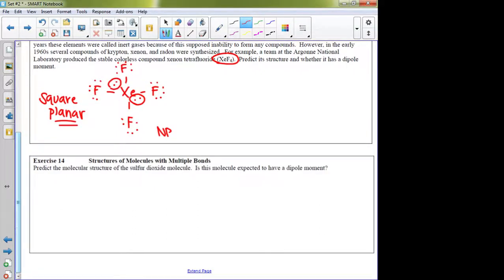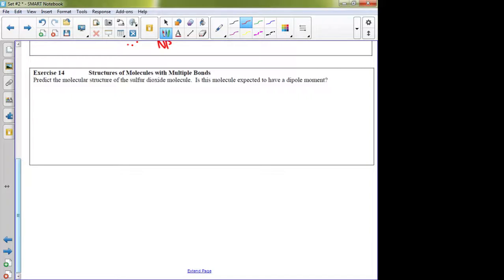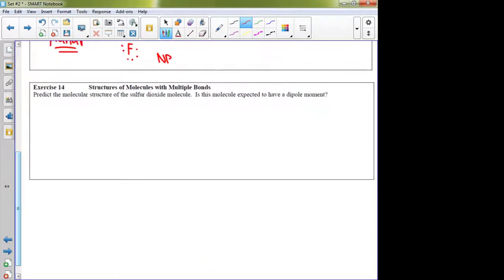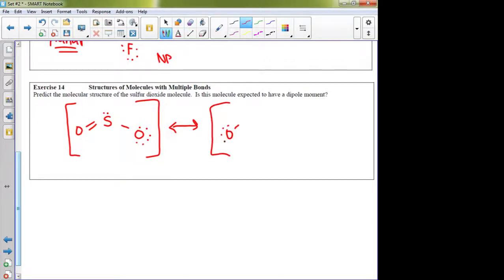Exercise 14 says predict the molecular structure of a carbon dioxide molecule. Is it expected to have a dipole moment? This is a carbon dioxide molecule. It has a lone pair of electrons, and if this was on the AP exam, I would go ahead and put a box around this, and I would draw the resonance structure. Why am I drawing the resonance structure?